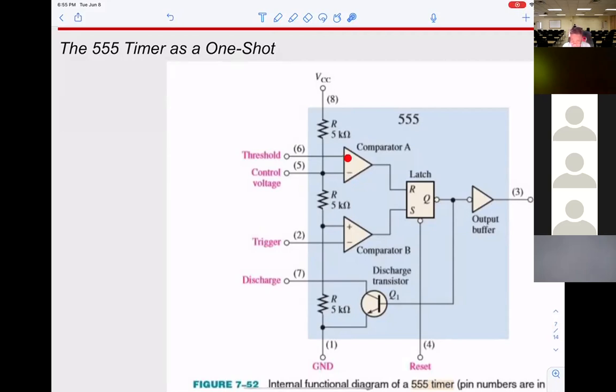If positive is higher than negative, the output here is logic 1. Okay, they're not using saturation, that's a logic output. If the negative input is higher than positive, the output will be low. And this one is exactly the same thing.